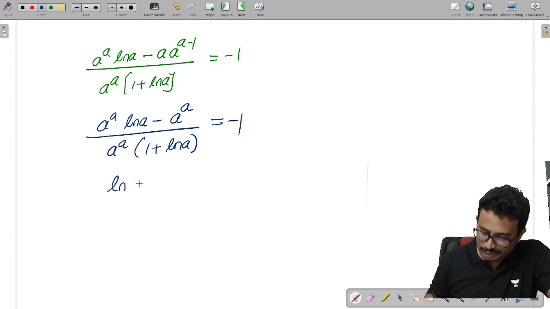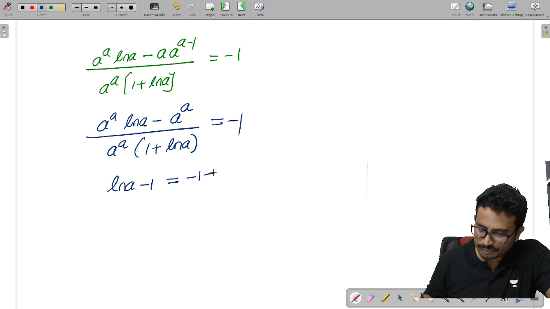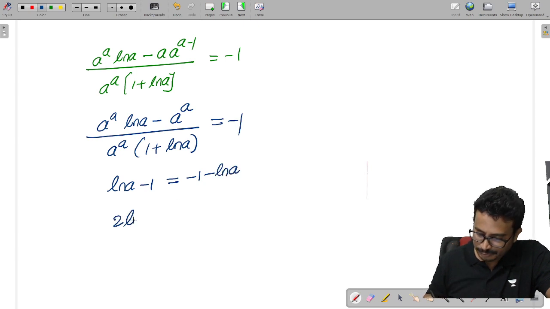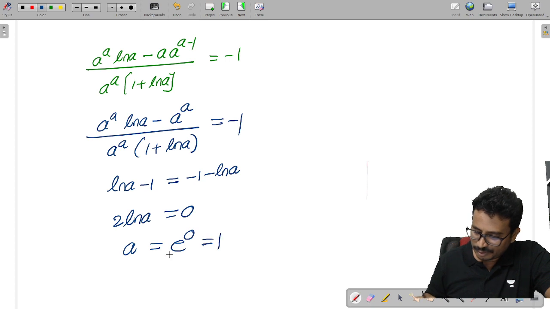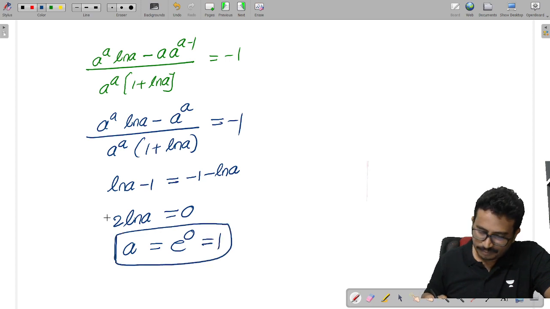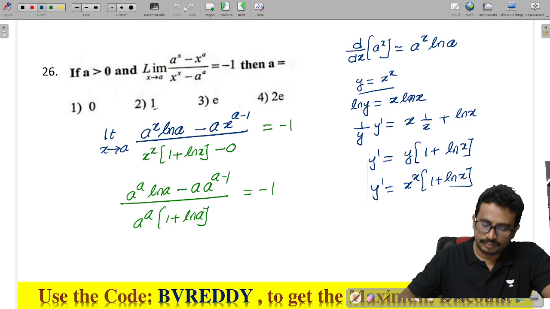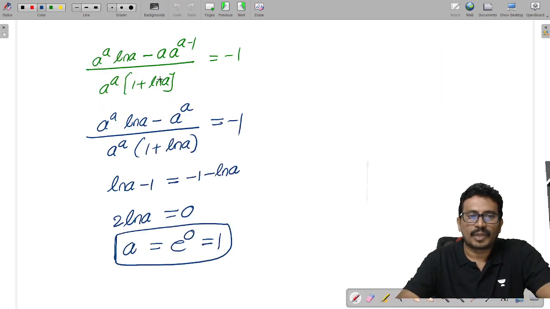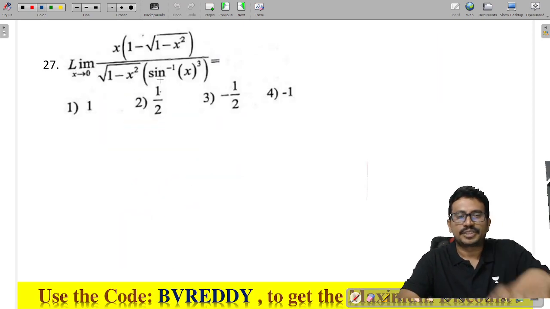So what I can write now here, ln of a minus 1, which is equal to minus 1 minus ln of a. 2 into ln of a, which is equal to 0. So then a is equal to e power 0, which is equal to 1. Right? Next problem.